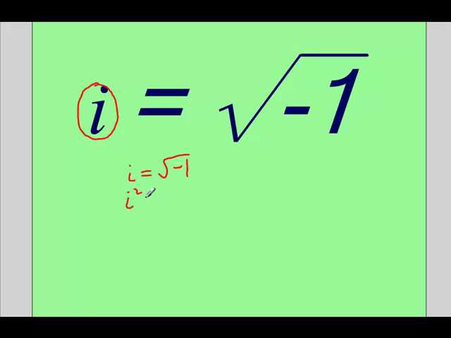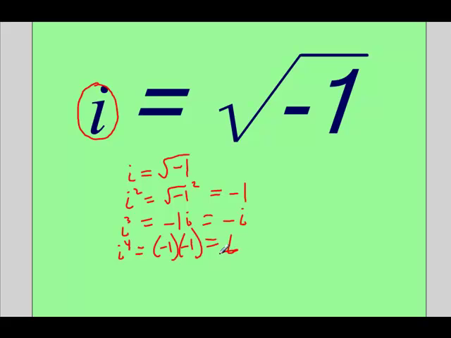i squared is going to be square root of -1 squared, which is -1. i to the third is i squared, which is -1, times i, which is going to be -i. i to the fourth is going to be i squared, which is -1, times i squared, which is -1.